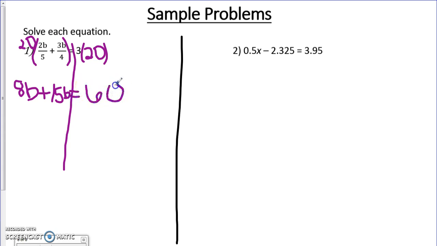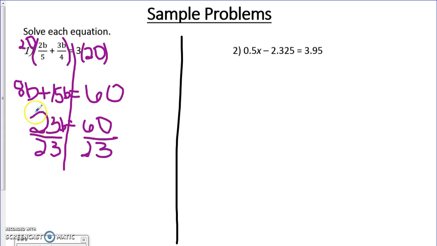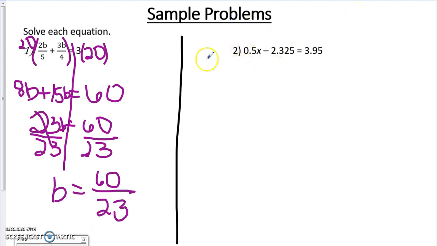Now we can combine like terms. 8 plus 15 is 23b equals 60. Divide by 23. B is going to equal, you could just leave this as a fraction for now, we'll worry about it tomorrow, 60 over 23.